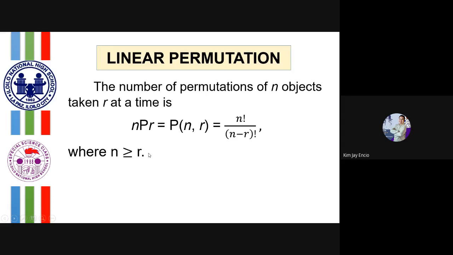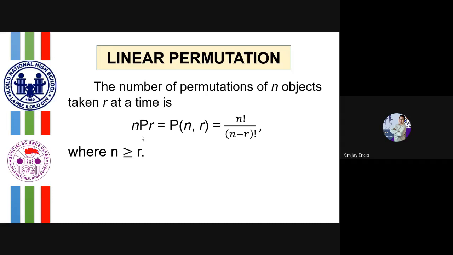I believe it's logical because your n has to be greater than or equal to r. If your r is greater than n, then that's technically impossible. You will have zero ways. For example, if you have only 5 mangoes, how can you take 7 mangoes?